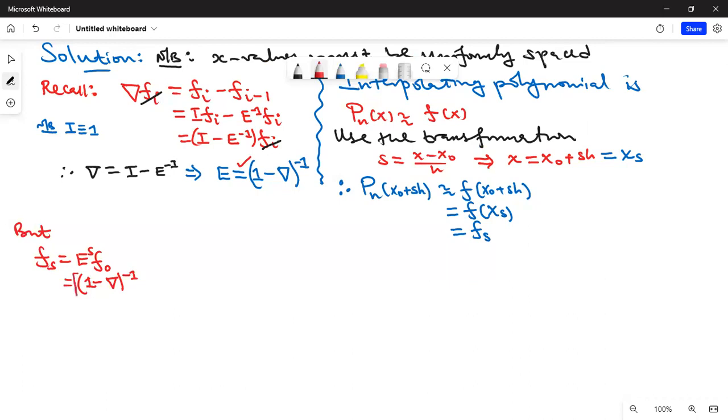That's the shift operator. This is now raised to s, operating on f naught, which you can as well write as 1 minus delta raised to -s operating on f naught. So let's expand 1 minus delta raised to -s.